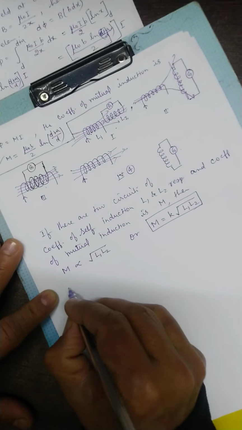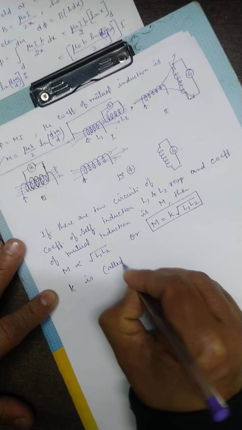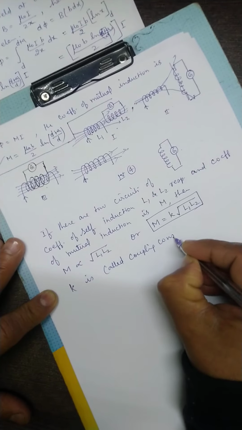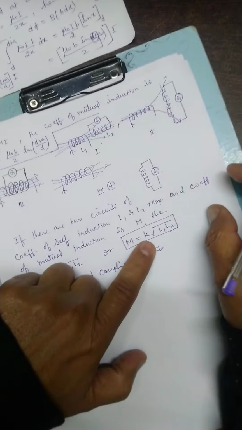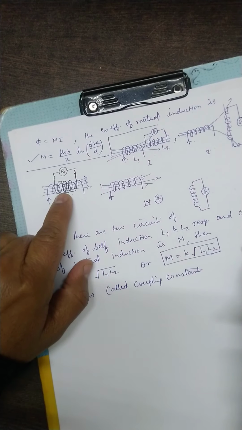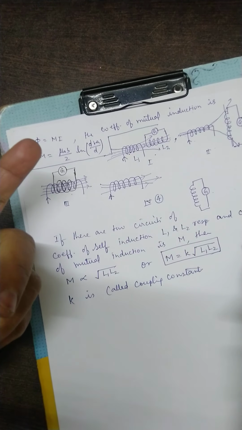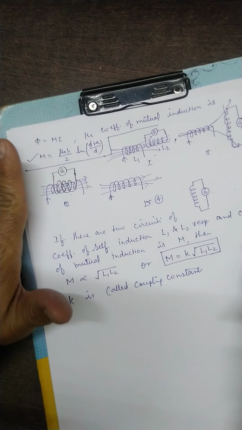This K is called coupling constant, and the maximum value of K can be 1, say almost in this case K is 1, when the flux associated with the primary circuit is completely connected with the secondary circuit.